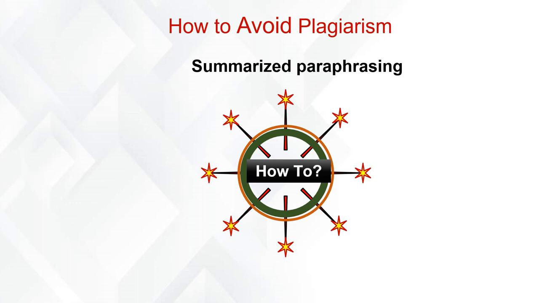You can summarize the source or writings or sentences or paragraphs which you have borrowed from somewhere else in such a way that the ideas and the concept of the original source should almost stay the same. You can change the sentence structure, change wordings, reshuffle words, use synonyms, and even change the tenses in the sentence.